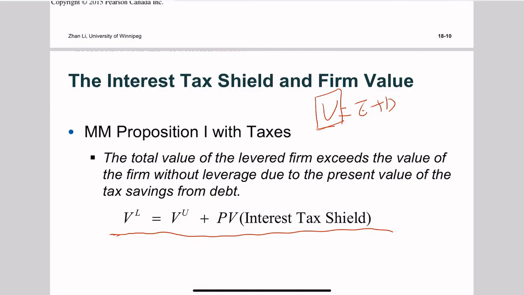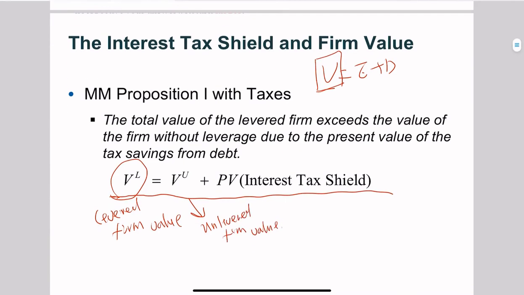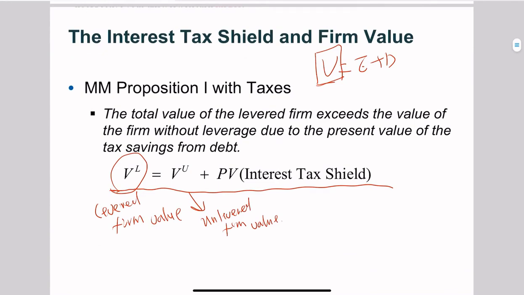For simplicity, we can call this the levered firm value, and this the unlevered firm value. So if you want to understand how debt affects a firm's value, it's very important to understand how to calculate the present value of interest tax shield.